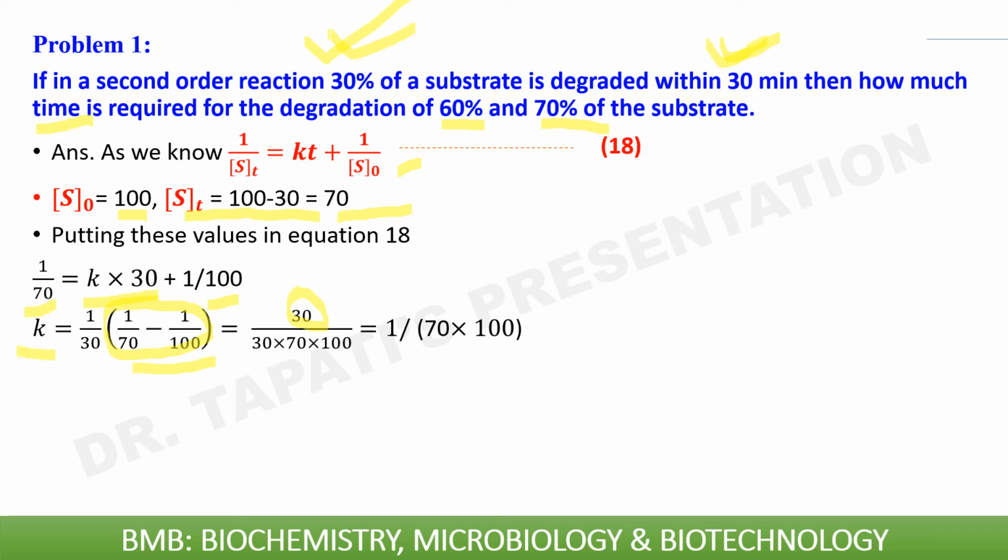So in this case K is equal to 30 divided by 30 into 70 into 100, that is equal to 1 by 70 into 100. So K value is 1 by 70 into 100.